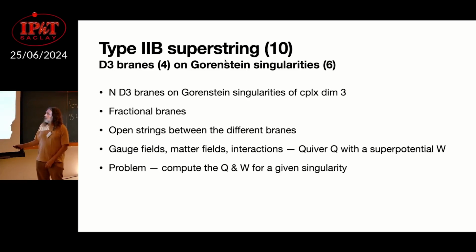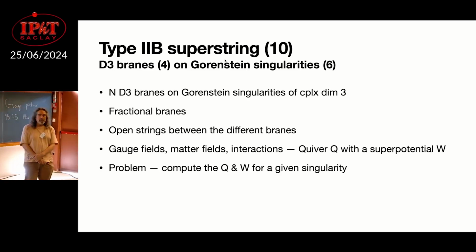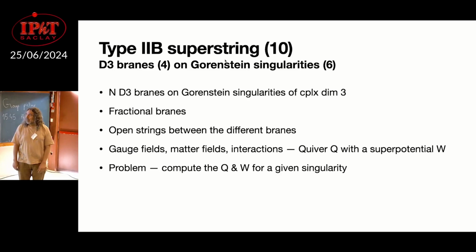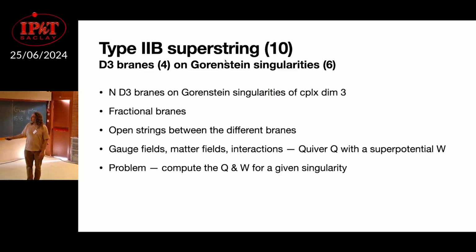And as a result, if I want to describe the theory which lives on the branes, I will have a quantum field theory in 3+1 dimensions, because this is where the branes live. And it involves gauge fields, matter fields, and some interactions.